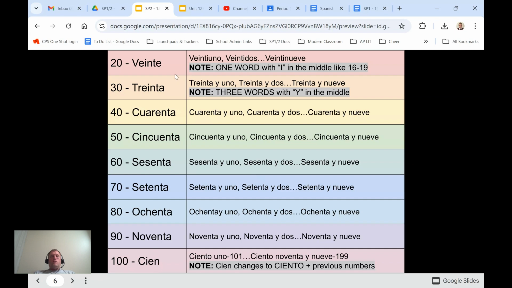For our teens and our 20s, they are written with one word with an I in the middle. Once we get beyond 30, then we're writing it out 3 words with the Y, which we know by now means and. When we get to 100, 100 changes to ciento plus the previous numbers for 101. So 101, 102, 103, etc. All right, so that's review from Spanish 1.